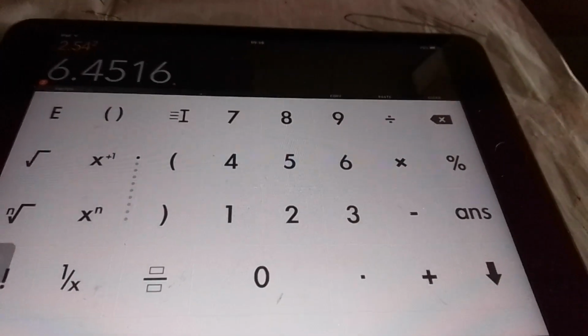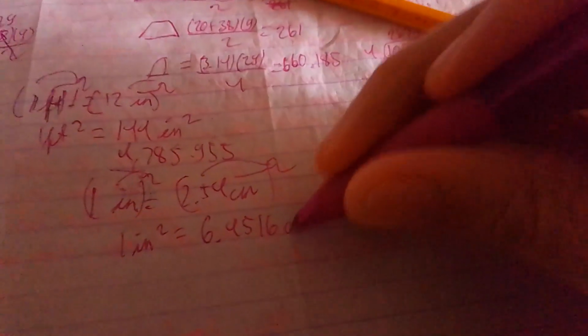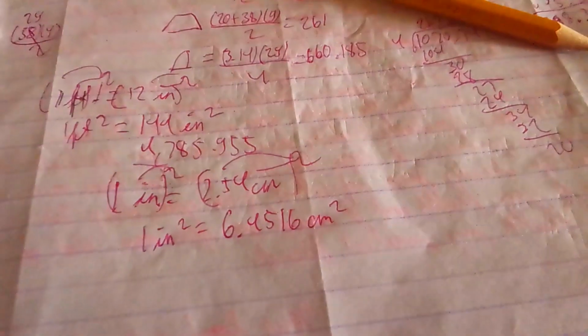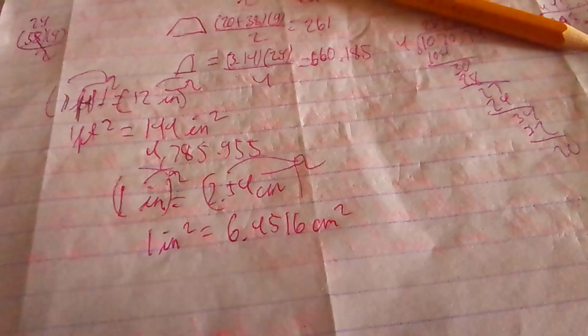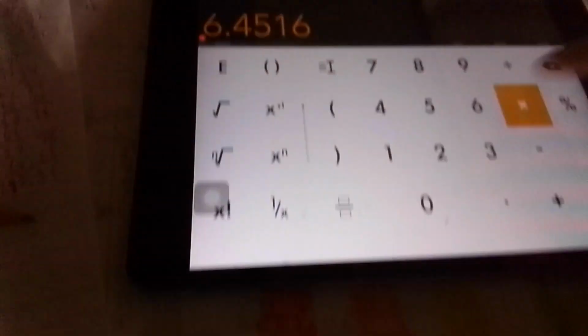Yes, it's 6.4516. Always remember that. 6.4516 cm squared. Okay. Then where do you put the inches squared? It's right here. Remember our answer, the 4785.955. You will have to take your answer and multiply that by that answer.